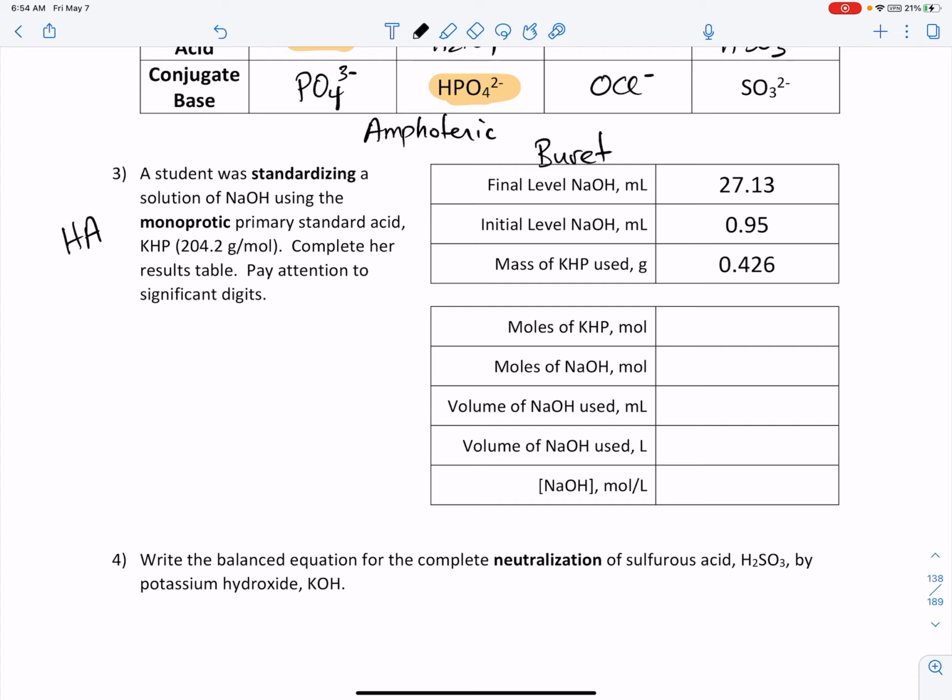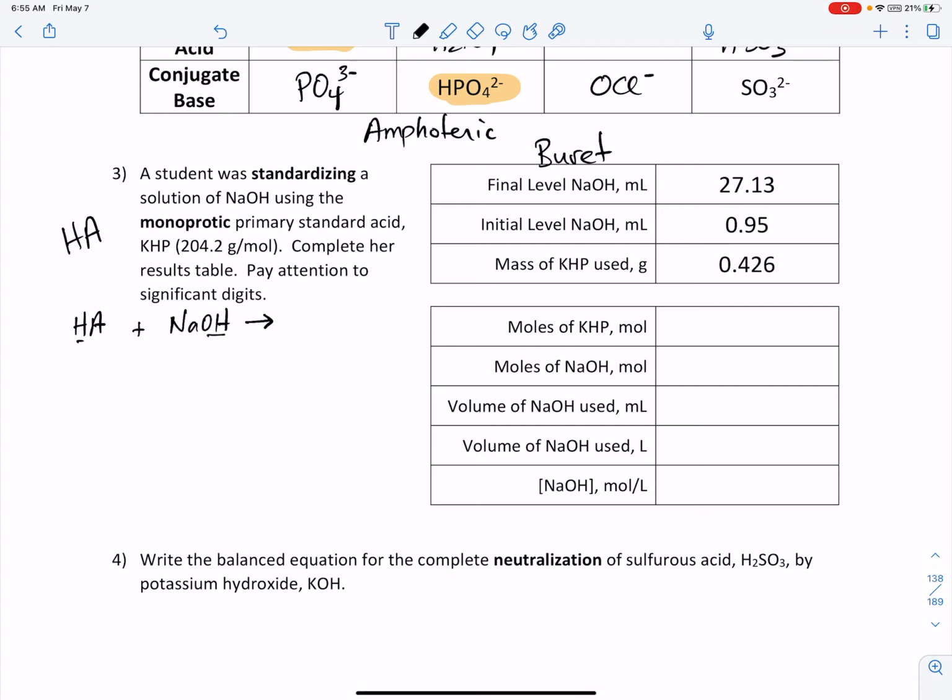So to do the question, we're going to want a balanced equation, right? Because there's stoichiometry involved in titration problems. The acid was monoprotic, just HA, and the base here is sodium hydroxide. So this looks like a double replacement reaction. We want the H's from the acid to be equal in number to the OH's in the base.